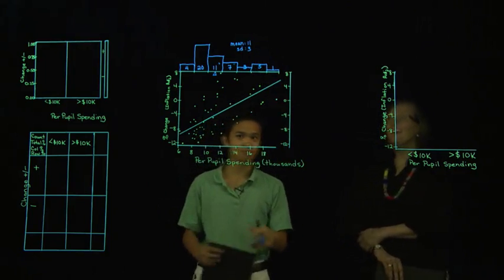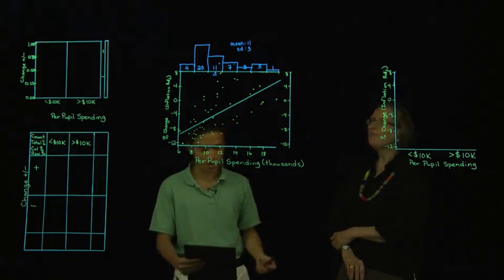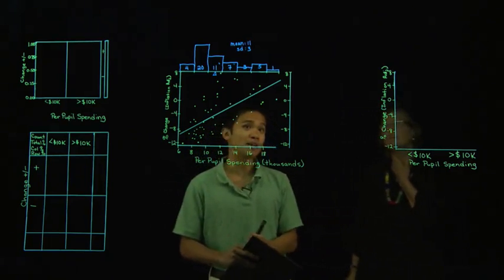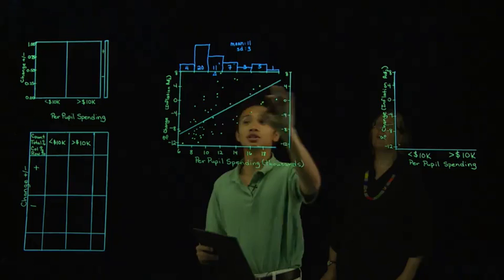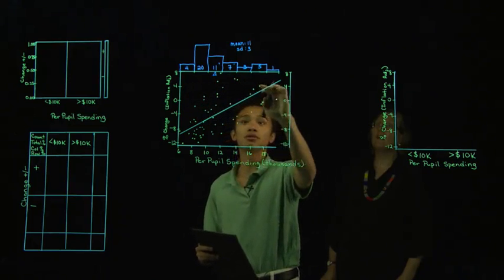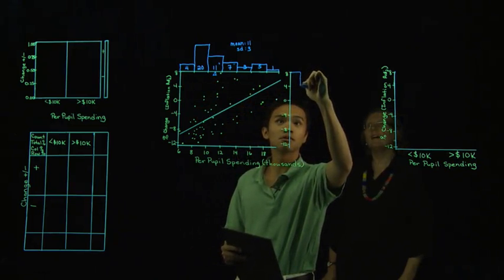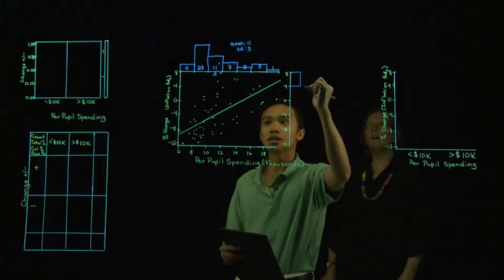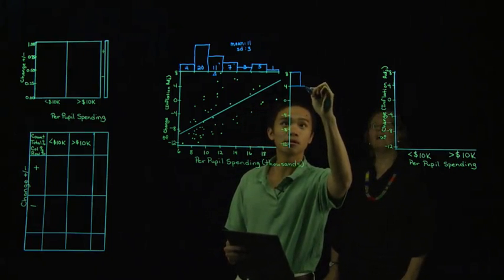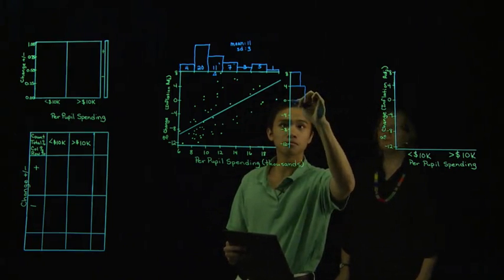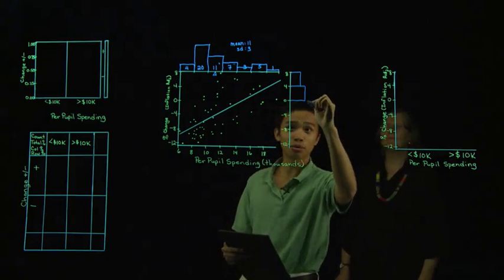Great job, Jeffrey. Could you do the same thing for the percent change? That sounds good. So we'll use the same strategy in making the histogram for percent change. We'll imagine a line here and count 1, 2, 3, 4, 5 points. And we'll do that for the rest of our bins. Our next region looks like it has about 8 points. Between 0 and -4 we have 9 points.